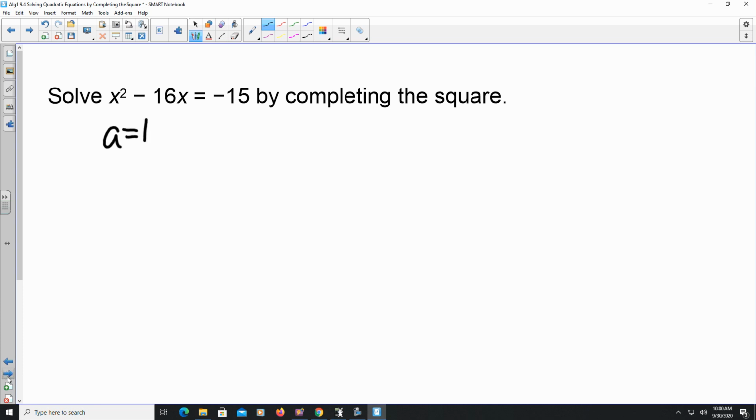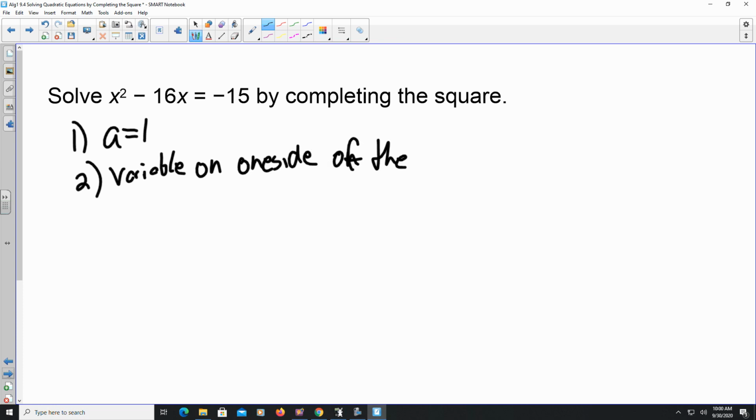And the second thing is all variables need to be on one side of the equal sign, and non-variables, constants, on the other.